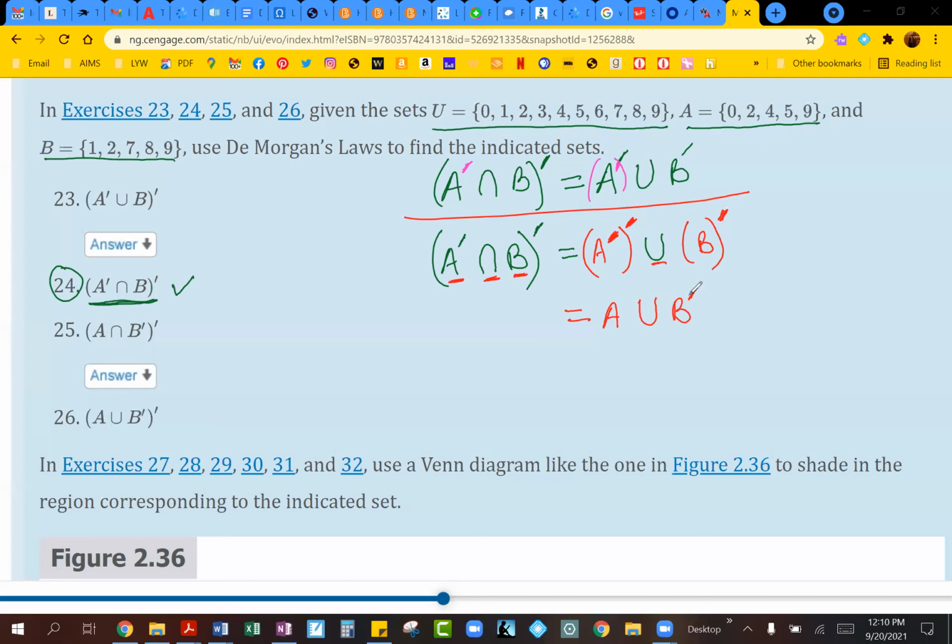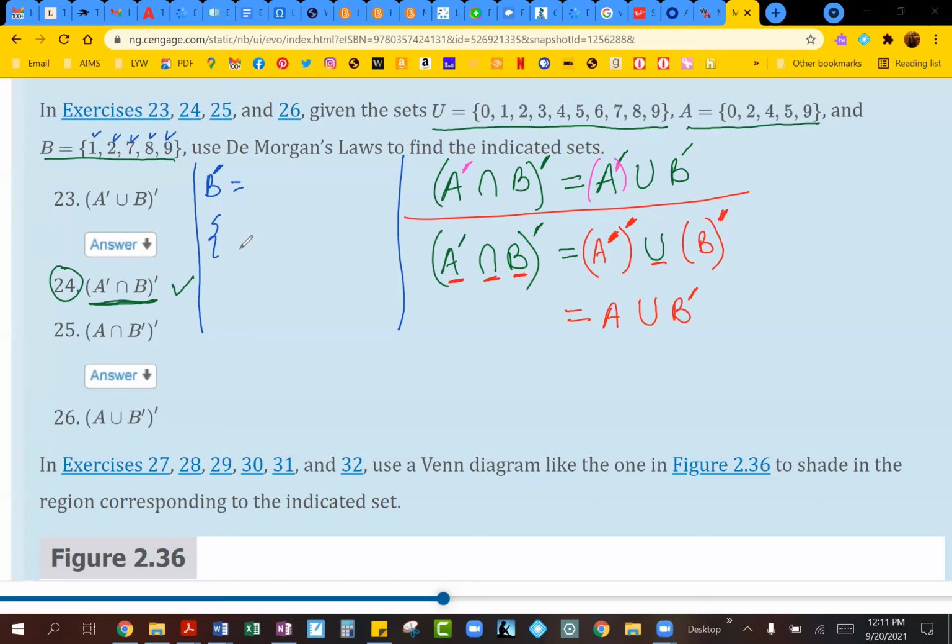And this is what we have to now find so that we can define what our set is going to be. So the very first thing we need to do here, guys, is find out what B complement is. If set B has 1, 2, 7, 8, 9, what will B complement have? And remember, you're looking at the original universal set to find out what B complement is going to be.